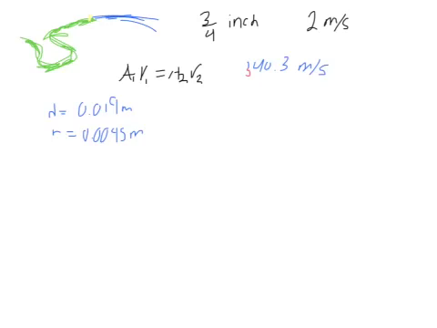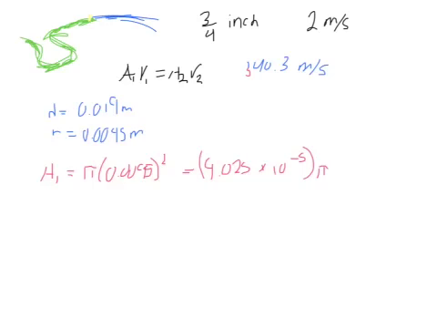So that means that A1 is going to equal pi times the radius, 0.0095 squared, which is equal to 9.025 times 10 to the negative fifth pi. And we get our V1 equals 2 meters per second.